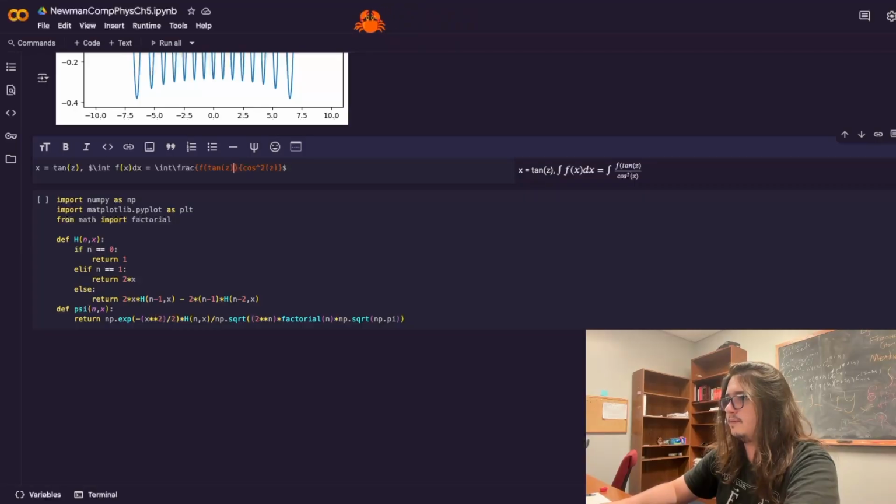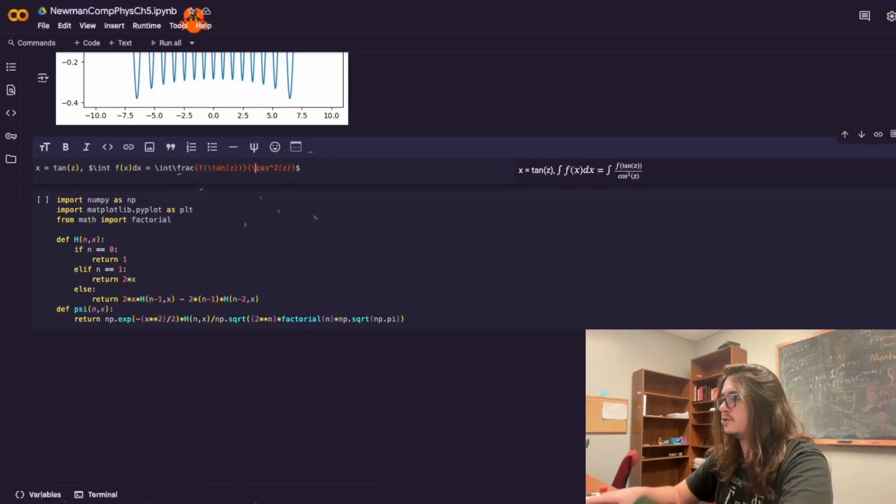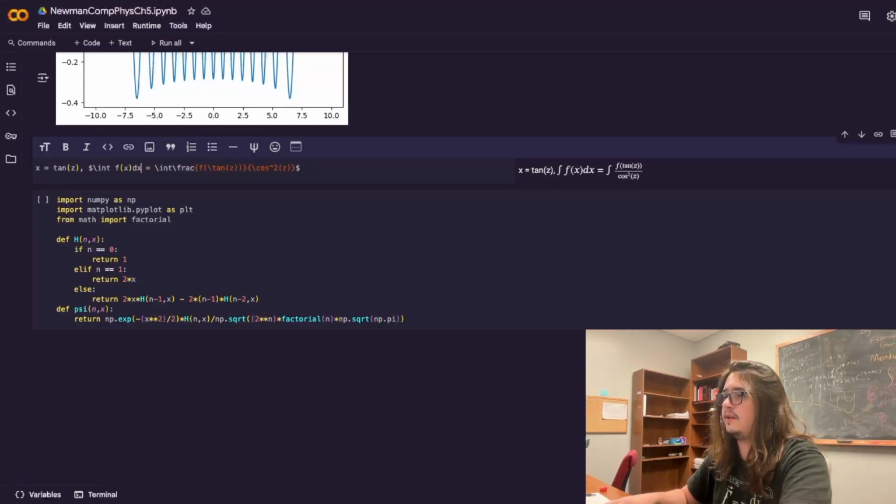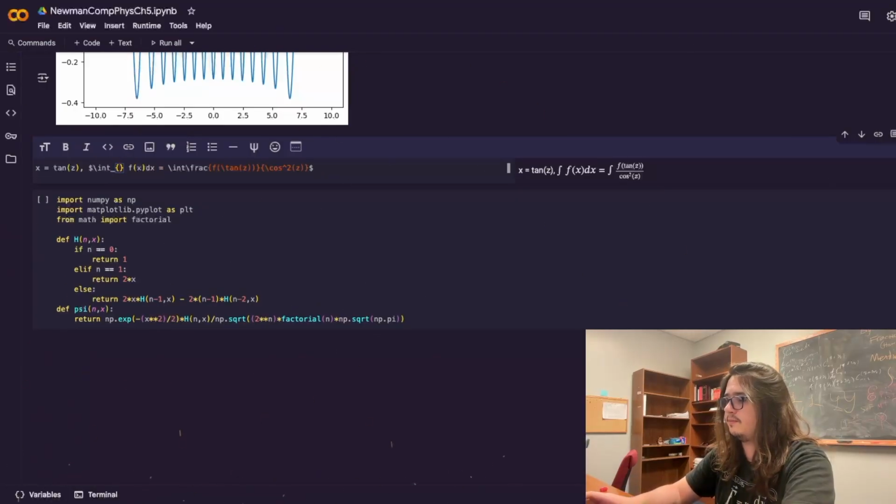You can use the same thing. There's a different solution for it, obviously. There's always going to be different solutions. But that was the one that worked for me. And yeah, this is for integrals that have the bounds of minus infinity to infinity.